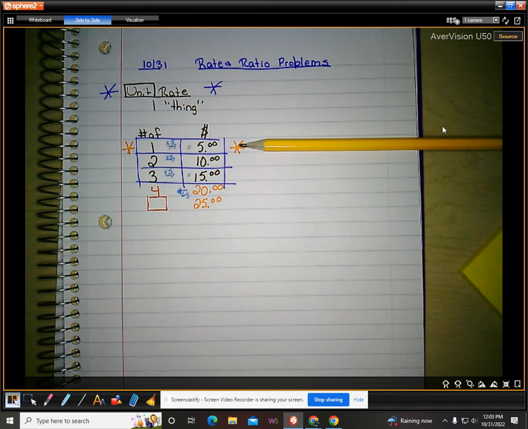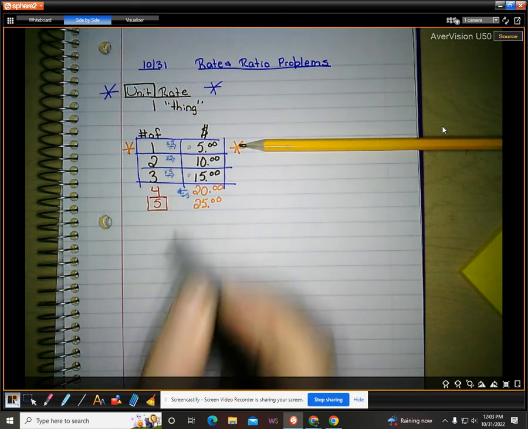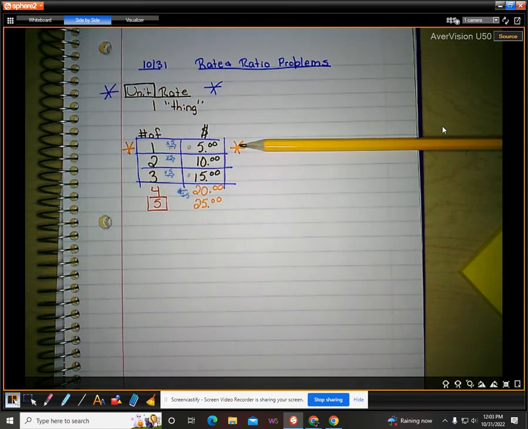How many packages of coins could you buy if your parents gave you $25? Mason? I agree it's 5. Can you explain to us how you got that? What method did you use?